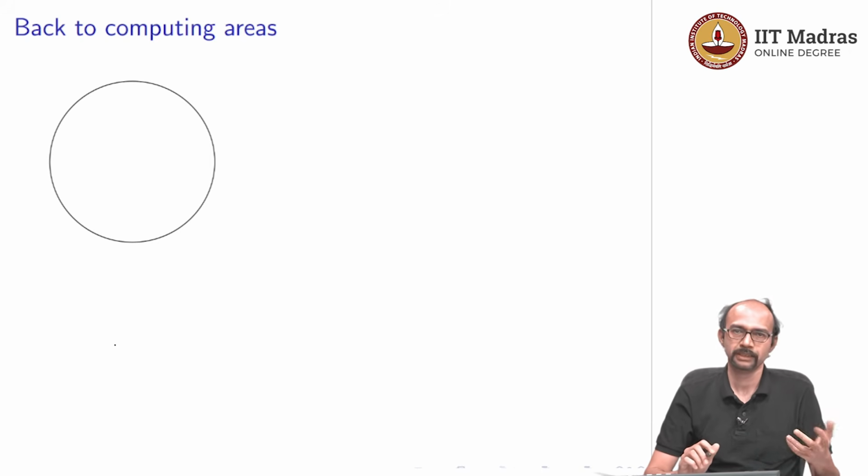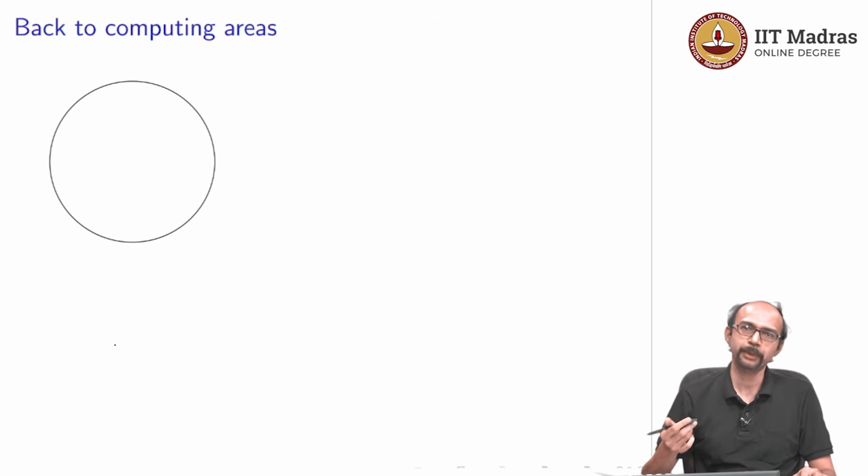This was an idea that we used to give the intuition for integration, and then we observed that in the limit this becomes like a triangle, and we computed what the area was.